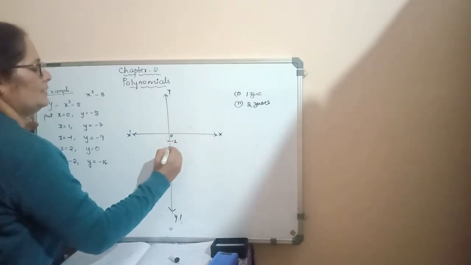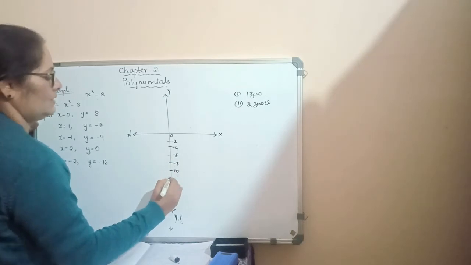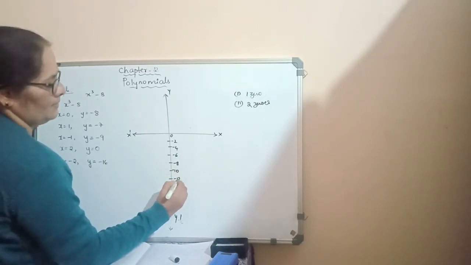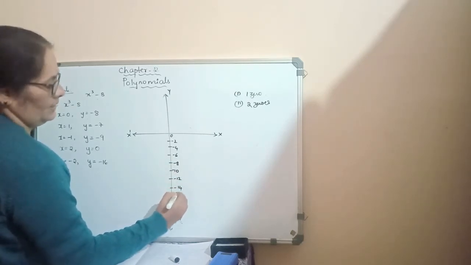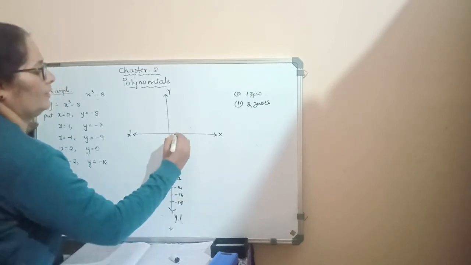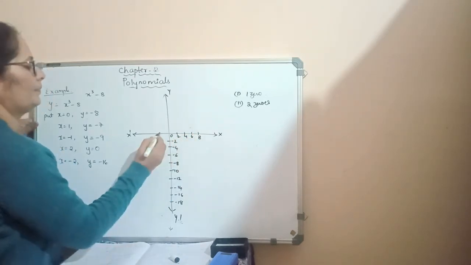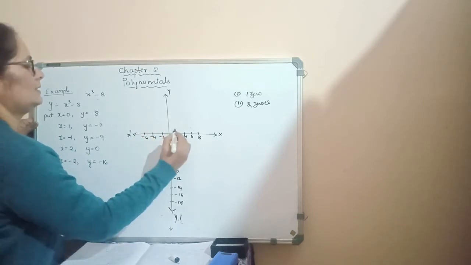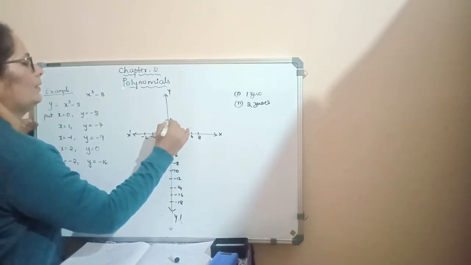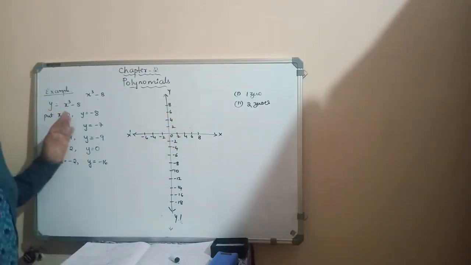So here minus 2, minus 4, minus 6, minus 8, minus 10, minus 12, minus 14, minus 16, minus 18. Here also take 2, 4, 6, 8. Then minus 2, minus 4, minus 6. Here 2, 4, 6, 8.